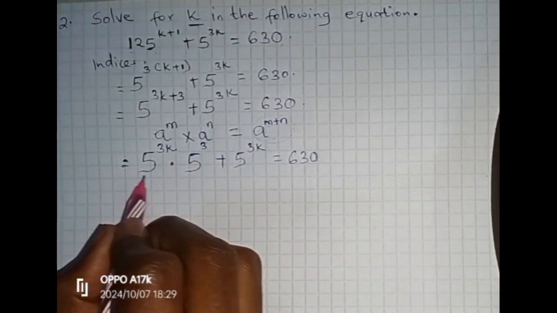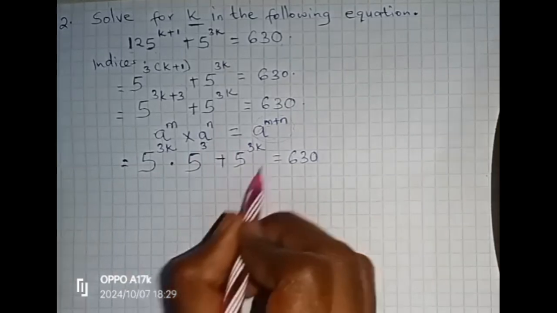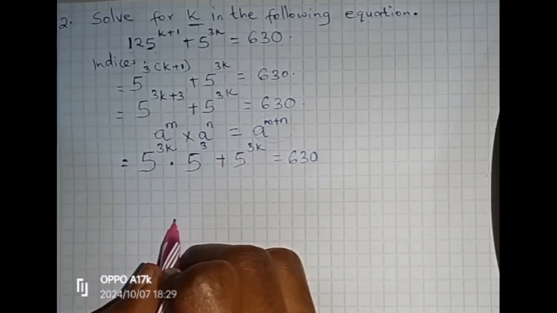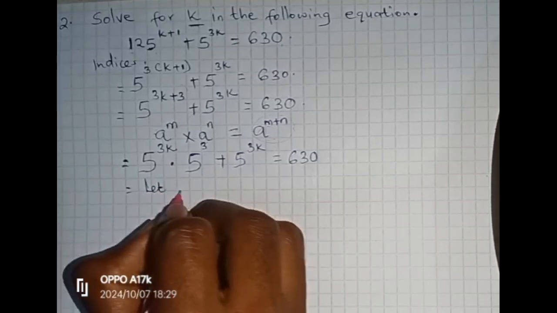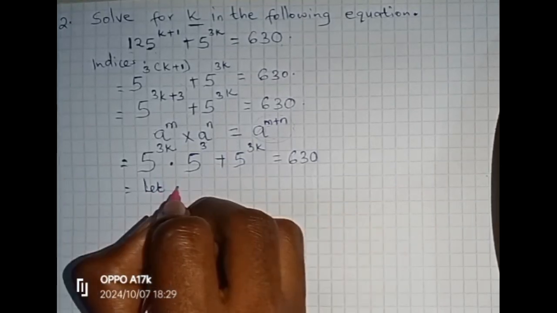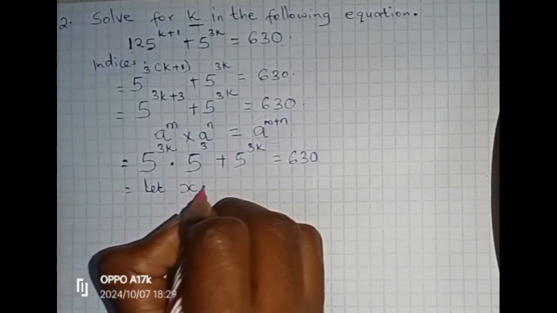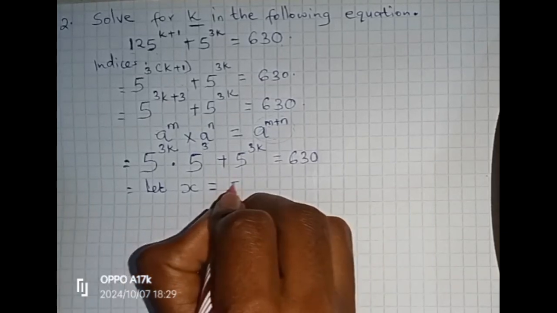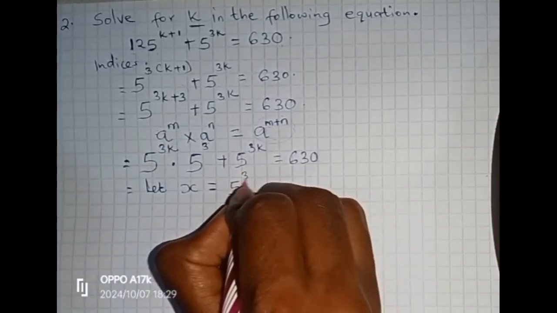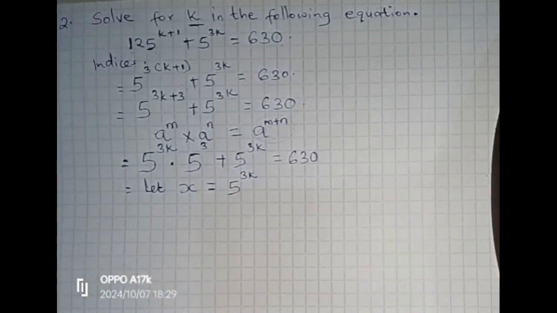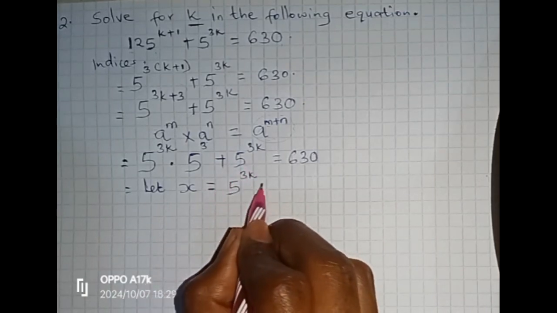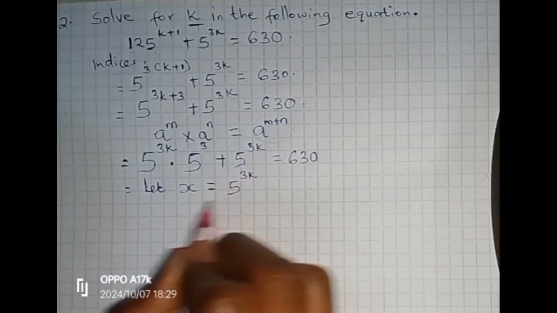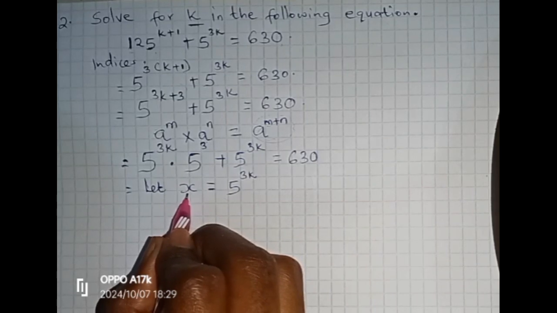Since we have 5 to the power of 3k appearing twice, we let t or any value x be equal to 5 to the power of 3k. This means that where 5 to the power of 3k appears, we replace it with x.